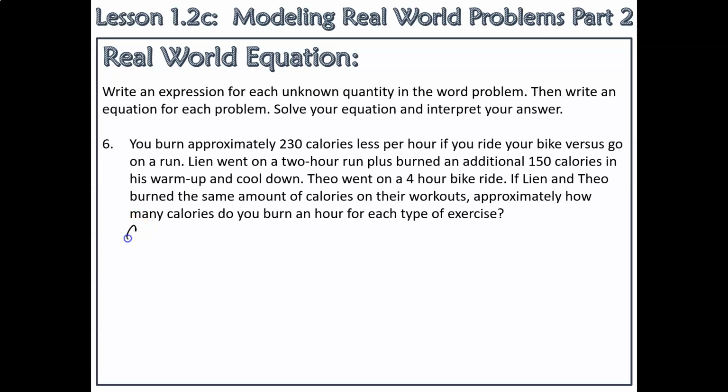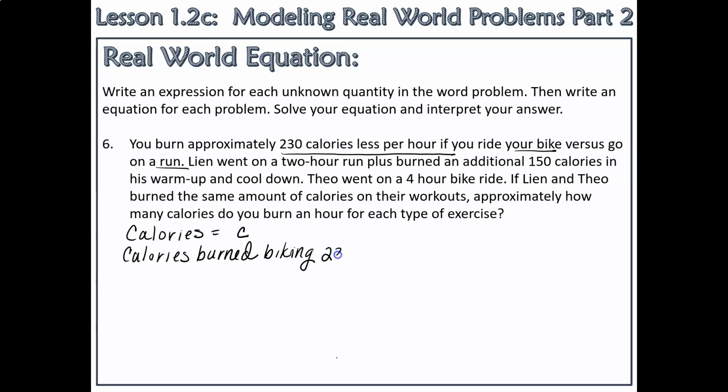So let's do this. Let's make C equal the calories. Okay, so the calories burned by biking is 230 less than if you go on a run.